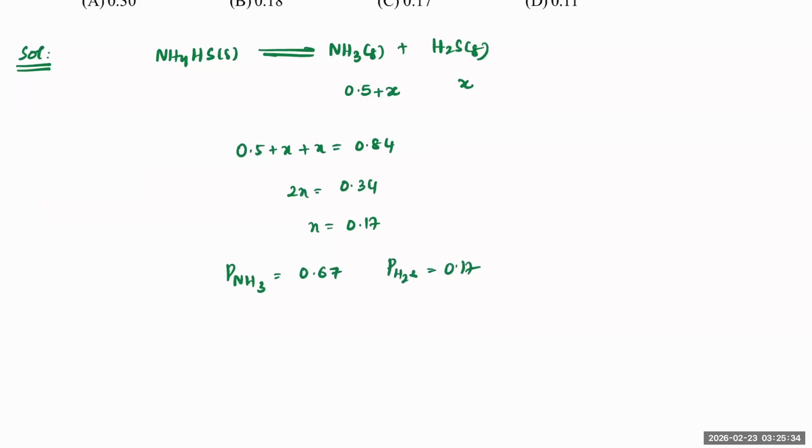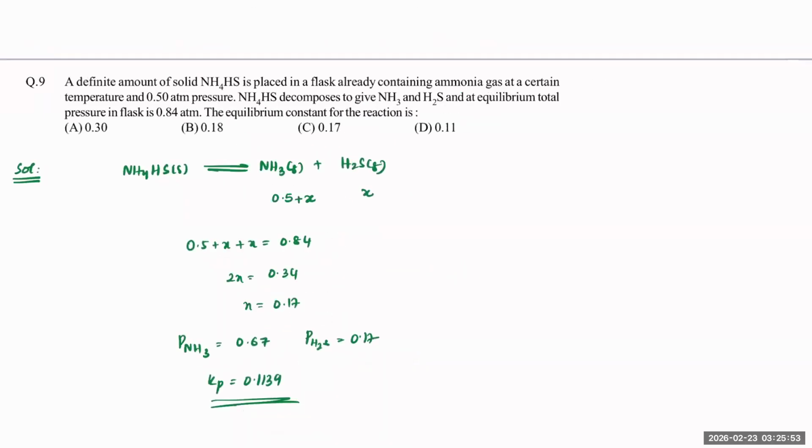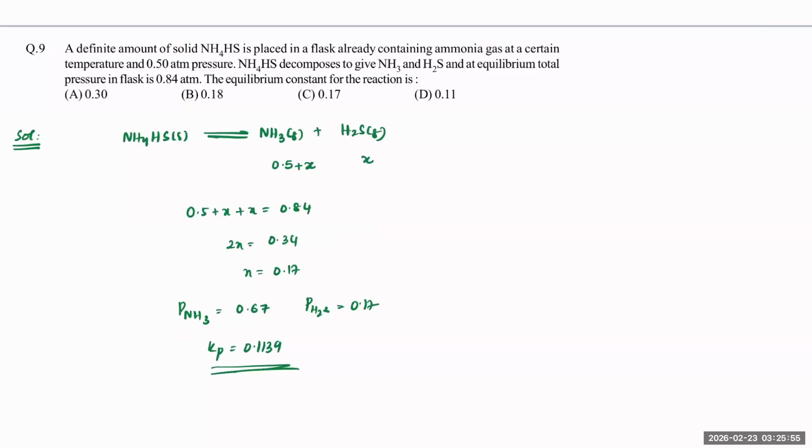Okay, this is what you guys multiplied. Let me just check if the answer is matching. 0.67 times 0.17. Yeah, so Kp value is coming out to 0.1139. Got it? So I'm sure this wasn't that difficult. Yeah, good. Most all of you got that right.